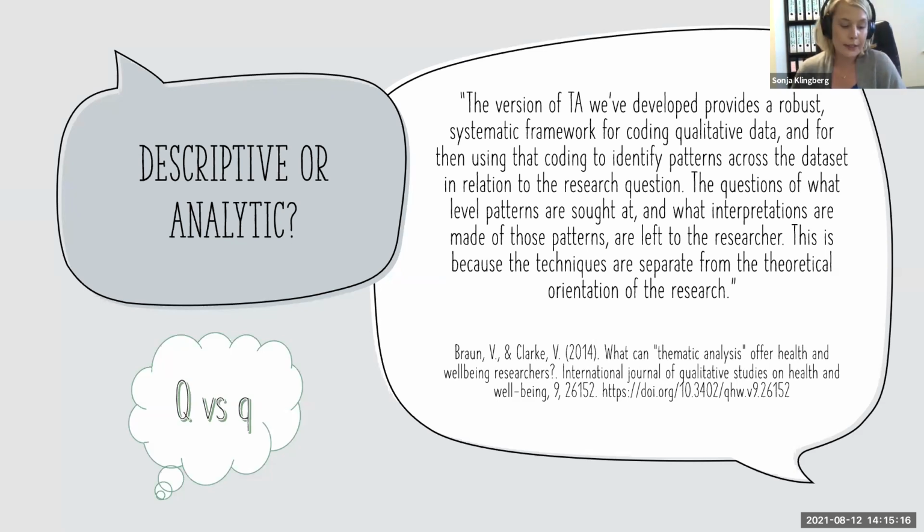And that brings us to this idea of big Q versus little q qualitative research. So thinking about whether we're using qualitative methods while following a fully developed qualitative framework or paradigm, so that would be big Q qualitative research, or are we using qualitative methods like interviews and thematic analysis, for example, in the context of a predominantly quantitative or positivist framework.